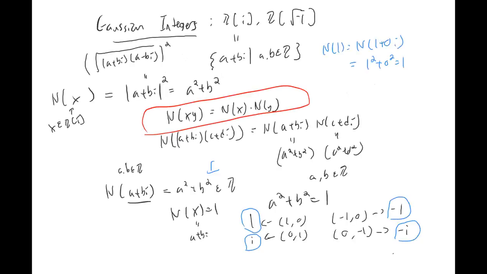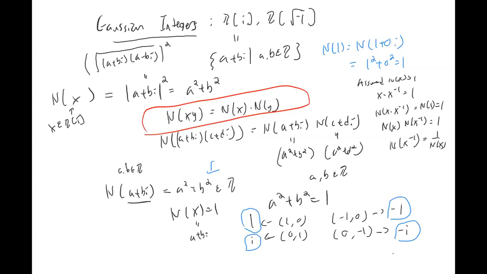So the first step, and that's what I did here, right? Oh yeah, I must have erased it. So I assumed that the norm of x was bigger than 1, and then let's suppose by contradiction it is a unit. So there's an inverse. Then the norm of x times x inverse is the norm of 1, which is 1. This is, I told you, multiplicative, right? So the inverse must have norm 1 over the norm of x.